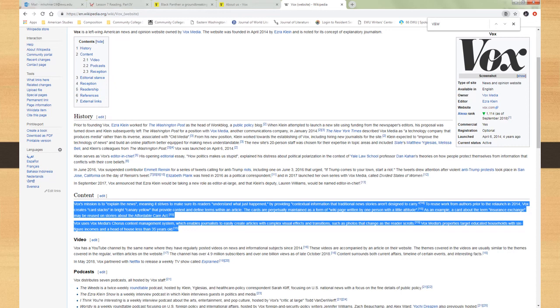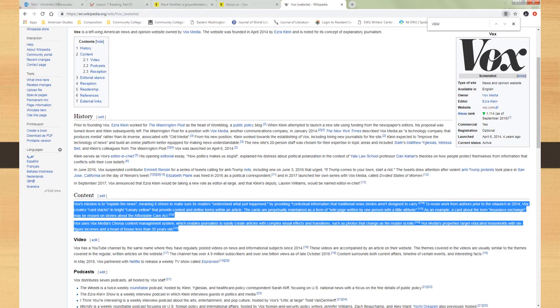So that's problematic. But I really like their mission statement. Let me read a little bit more. So down here on content, the part I've highlighted, Vox's mission is to, quote, explain the news, meaning it strives to make sure its readers understand what just happened by providing contextual information that traditional news stories aren't designed to carry.